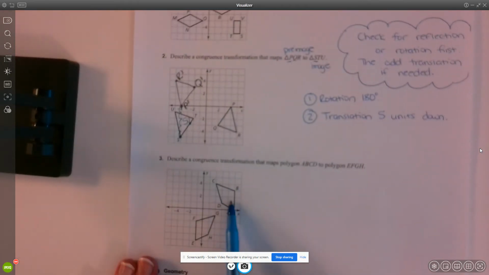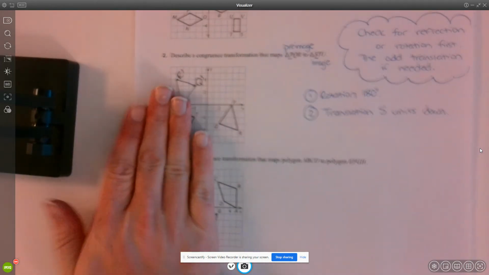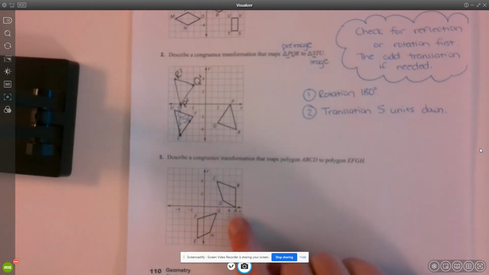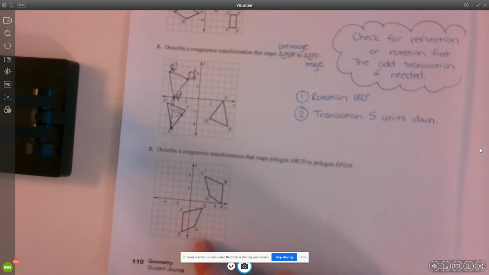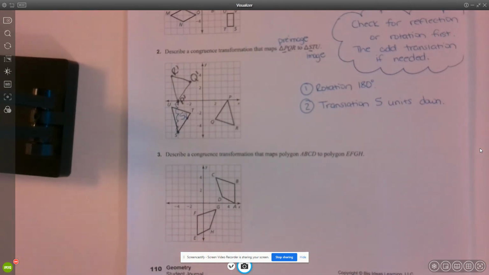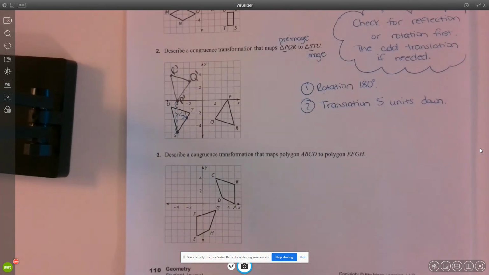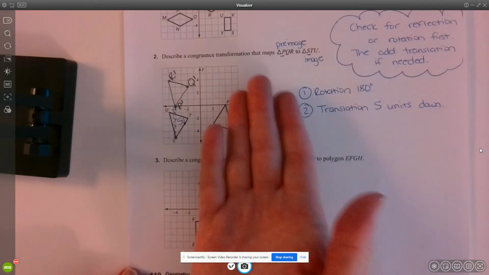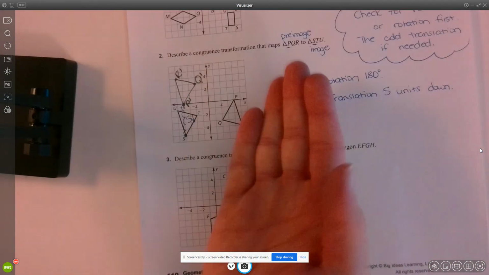If I'm looking at these two figures, they're not facing the same way. They're not oriented the same. I automatically can tell that I need to flip, do a reflection, to get polygon ABCD to be facing the same way as polygon EFGH. Now, when you do a reflection, you can do a lot of different reflections across different lines of reflection. All I need to make sure I do is flip my pre-image horizontally.